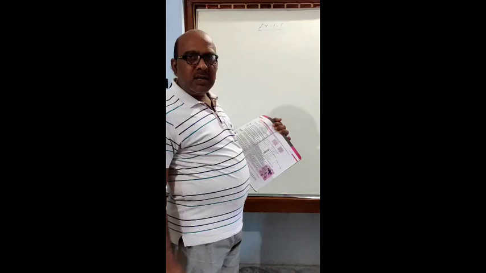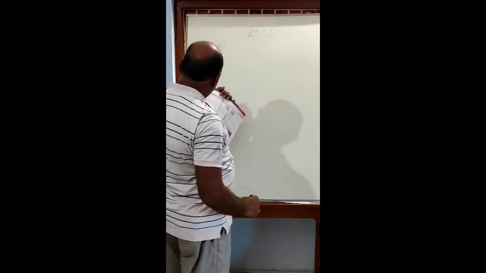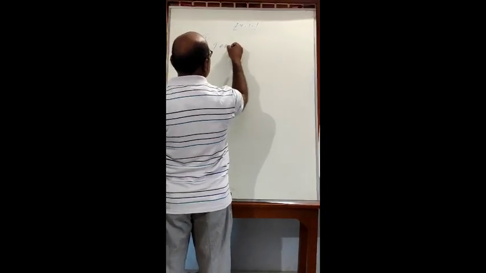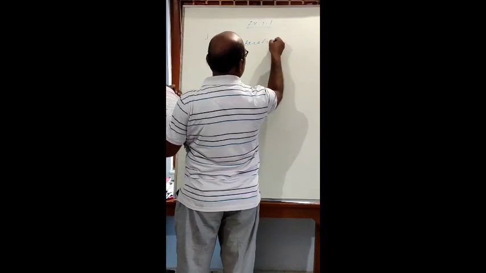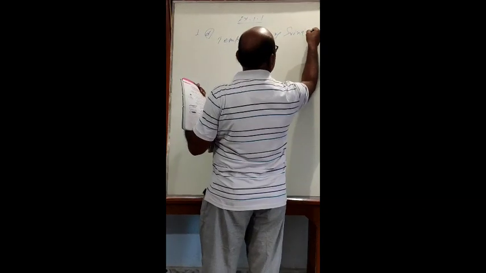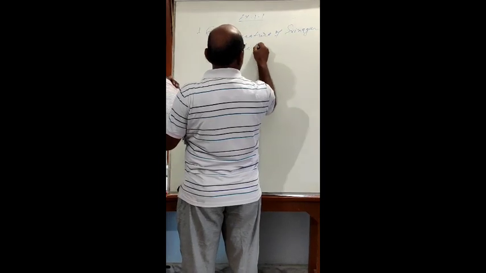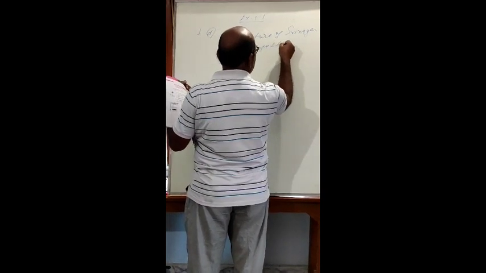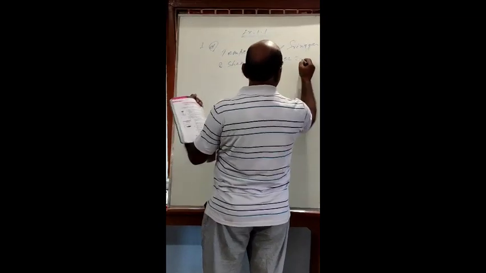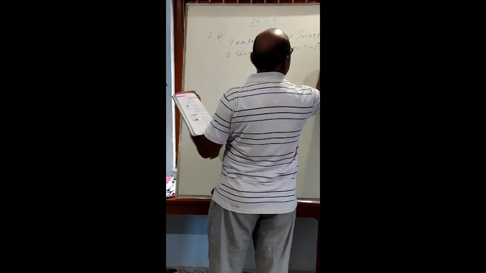Now in question number 1D, temperature of Srinagar and Shimla together is equal to -2 plus 5 degree Celsius.